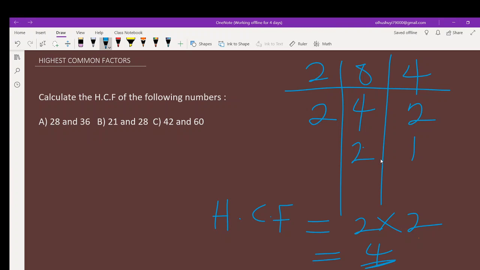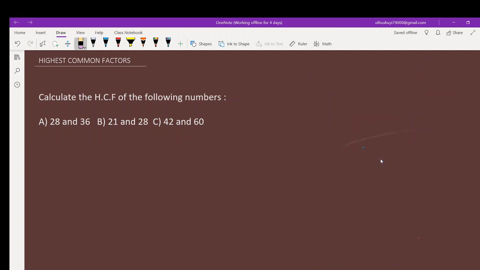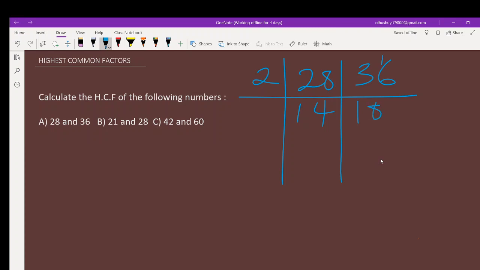You see that? Let's do an example from what we have on the board before we get too carried away. So we have 28 and 36. We divide. 2 here is 14, 2 here is 7; 2 here is 18, 2 here is 9.